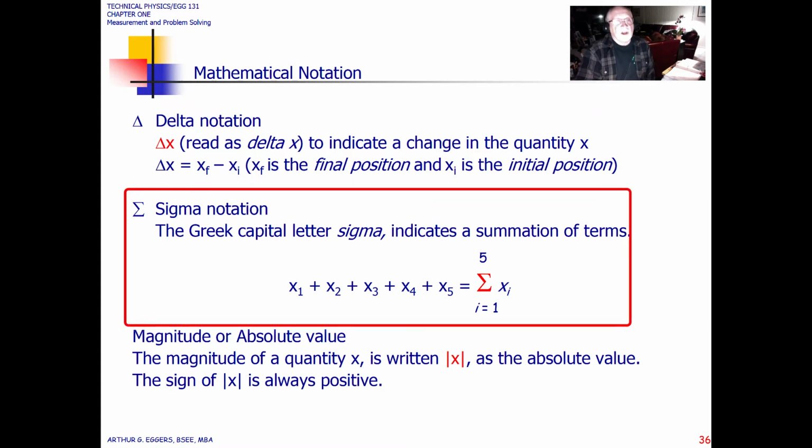The sigma notation, the Greek capital letter sigma, indicates a summation. So if we have many terms that we're adding together, instead of saying x plus x plus x plus x plus x 5 times, we can say sigma 5 over the top, where the initial value is 1, sum all the values of x sub i.